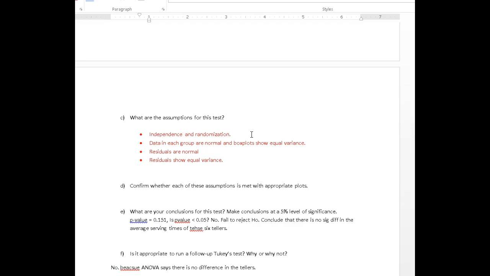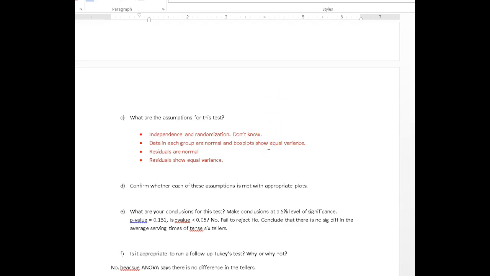Presumably, you'd have to time these tellers randomly at different times of the day, and the tellers themselves would have had to be picked randomly and independently from all the tellers. We're not told any of that information, so we really don't have a clue about this one. Is it met? I can't say no. I don't know whether or not this one is met.